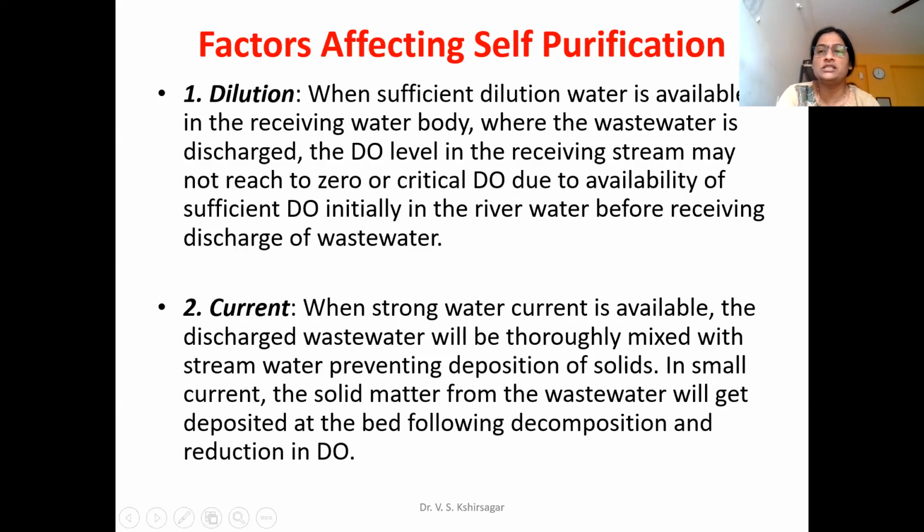Dilution means when you are adding sewage into a particular water body, the performance depends upon the ratio of dilution. When sufficient dilution water is available in the receiving water body, then dilution performs well.